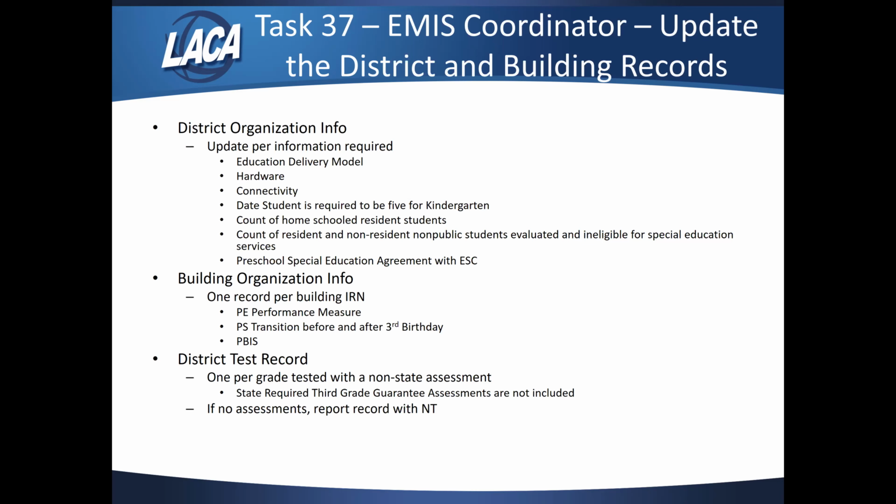You leave that one blank, but you put something in the other 3 or 4, however many there are. The PBIS information is cumulative in months, and it must be done for every building.